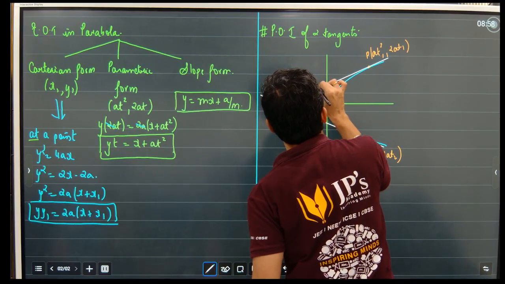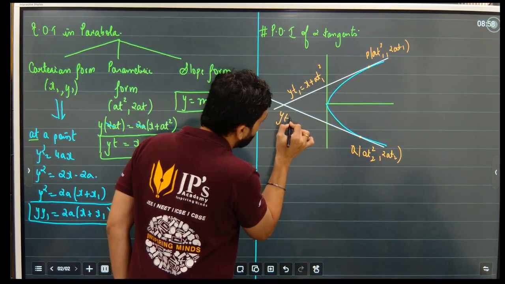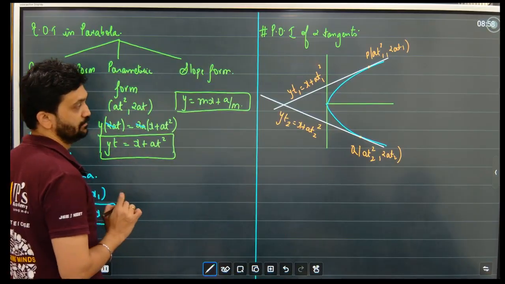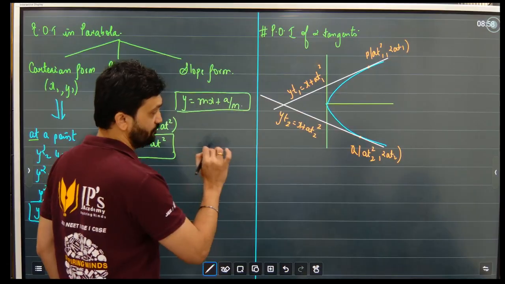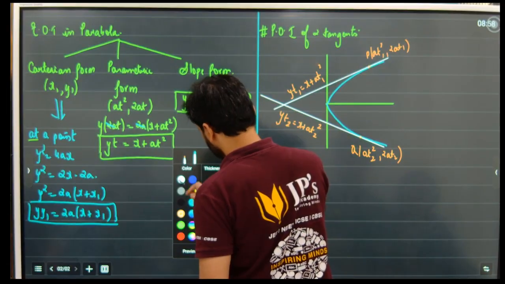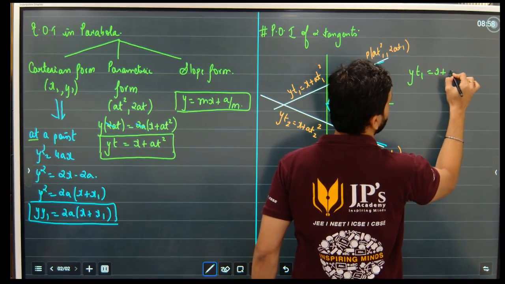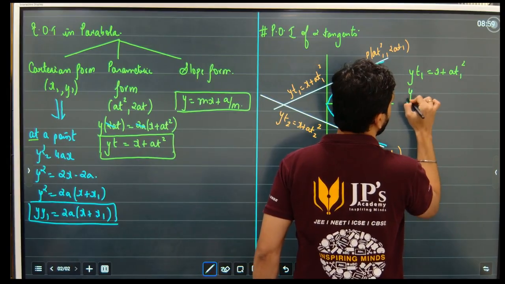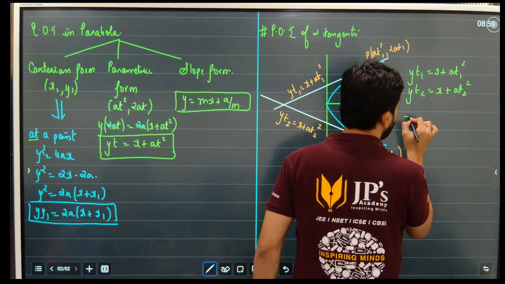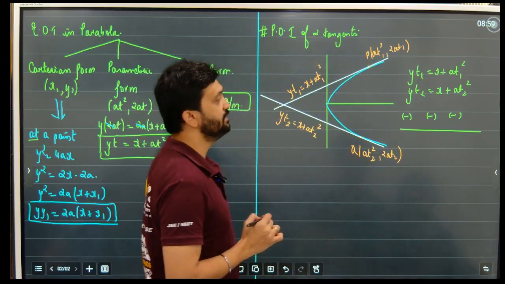So my first equation becomes yt1 is equal to x plus at1 square, and the next becomes yt2 is equal to x plus at2 square. Now carefully look at the equations.